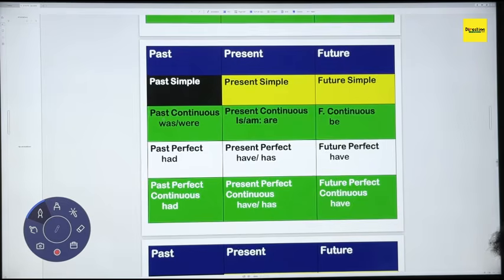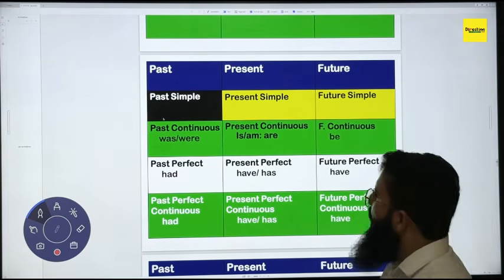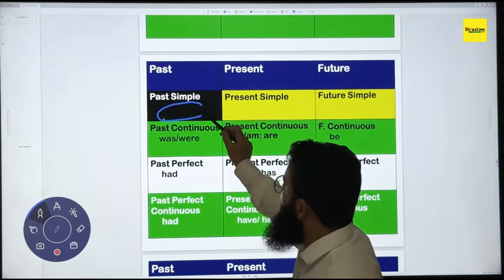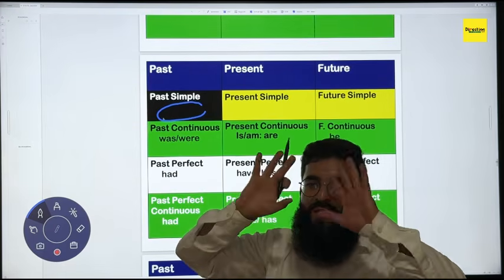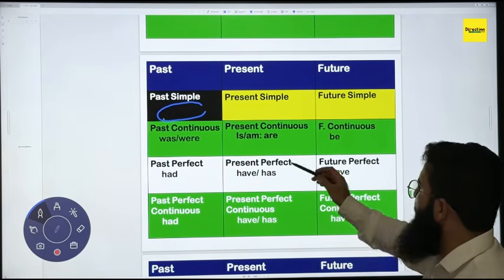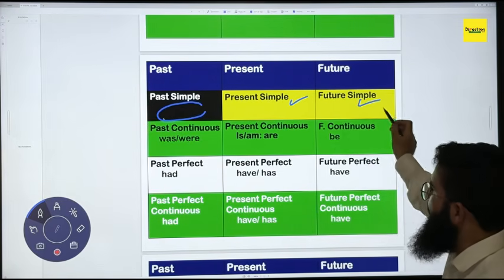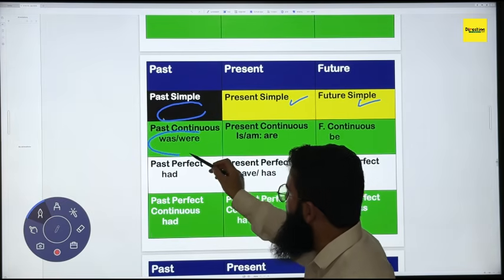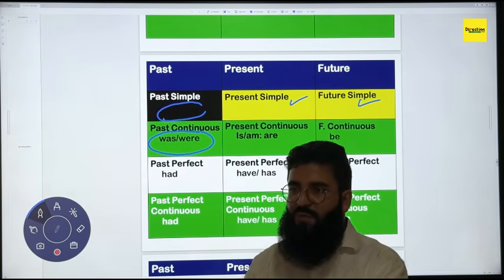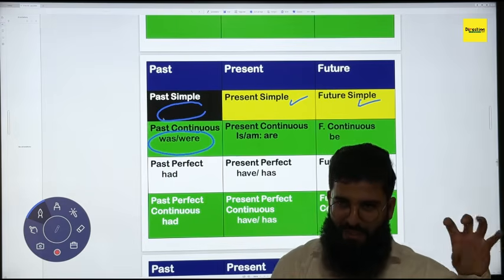That is here, this one. Why is there no helping verb? That's why they call it simple tense, because we don't have any tension of helping verbs. Here also no helping verb, but here is a helping verb, was or were. Was is used with singular, were with plural.